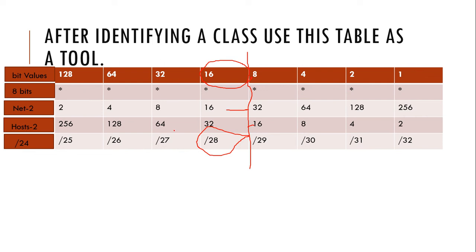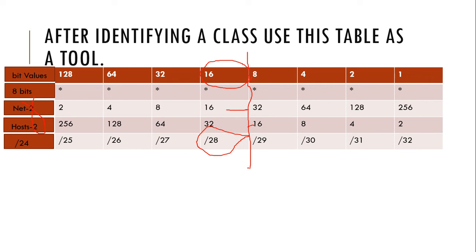In order to find your usable hosts, they can also ask you how many usable addresses, so you subtract a 2 from the 16 pointed by my line on my right.